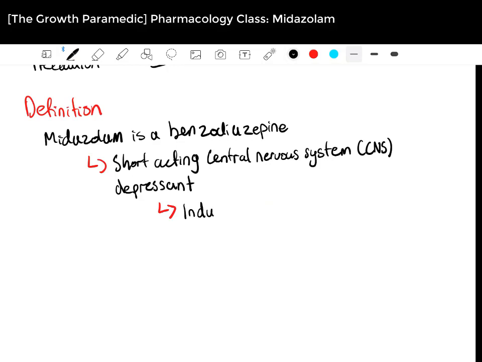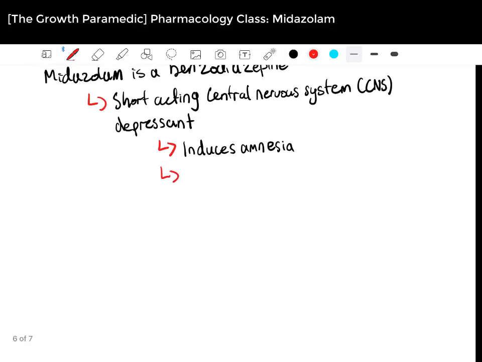So it induces amnesia, anesthesia. So Midazolam is used in the operating procedures and surgeries in hospitals.